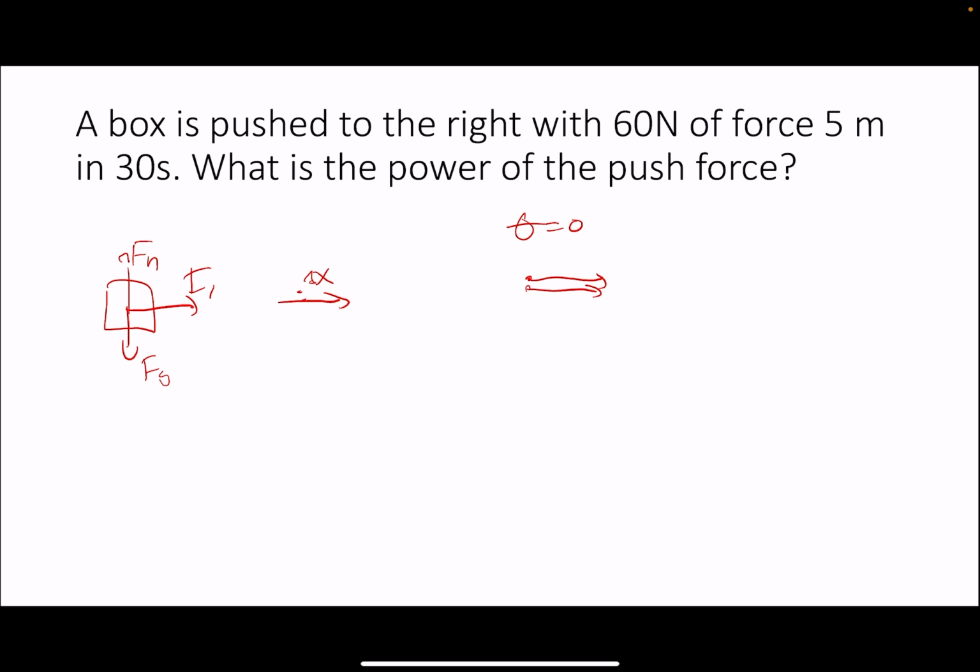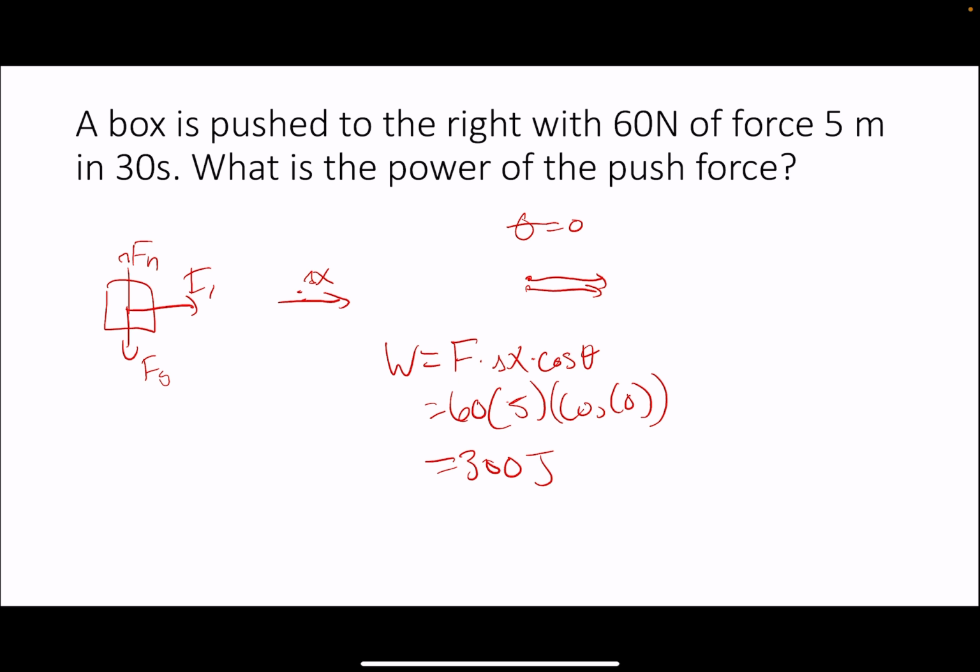And so if we want to find the work done by this force, we know it's equal to force times displacement times cosine theta, so it's 60 times 5 times cosine of 0, which should be equal to 300 joules. And so if we want to find the power, power is equal to work over time.